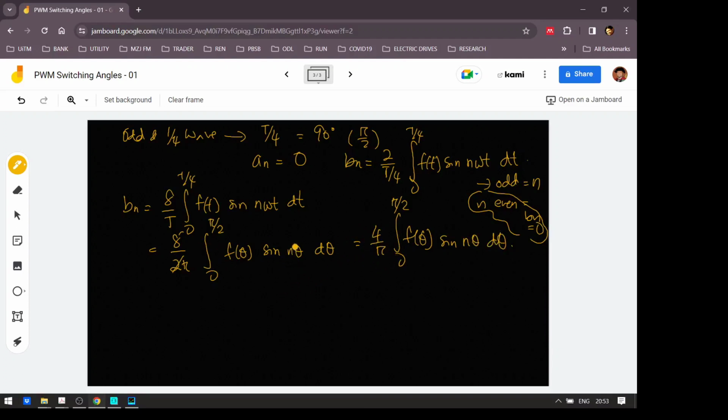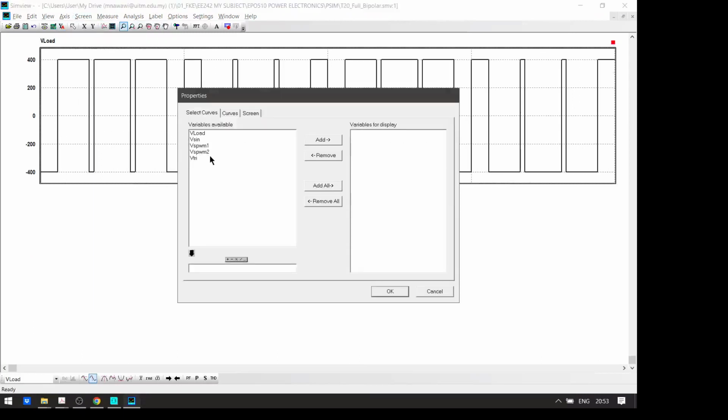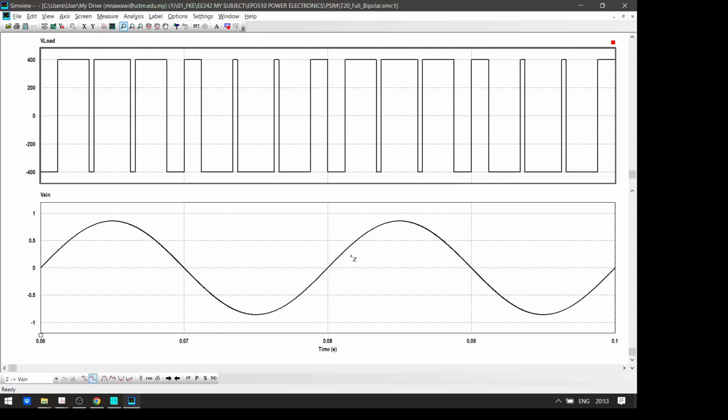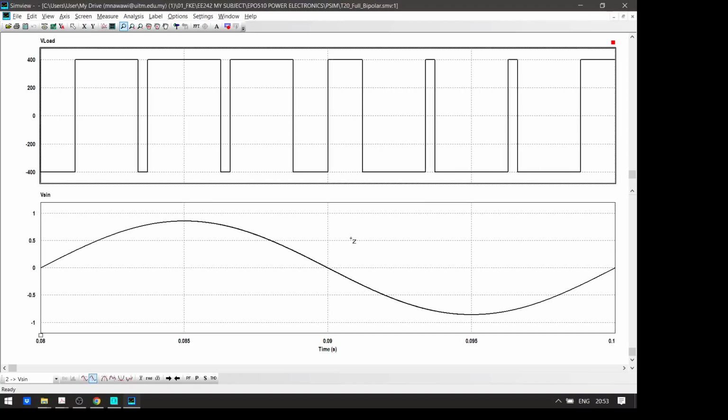Let's look at the waveform again. I think I need to get another screen. Add screen the sinusoidal. Right, so this waveform. Let's convert that into one cycle only. Leave only one cycle. There you are. Great.